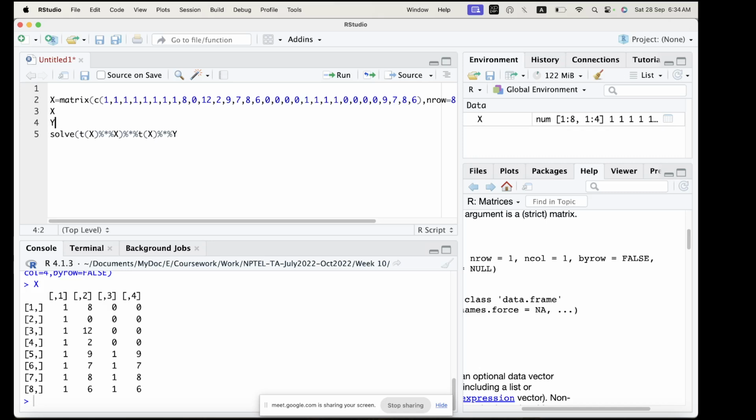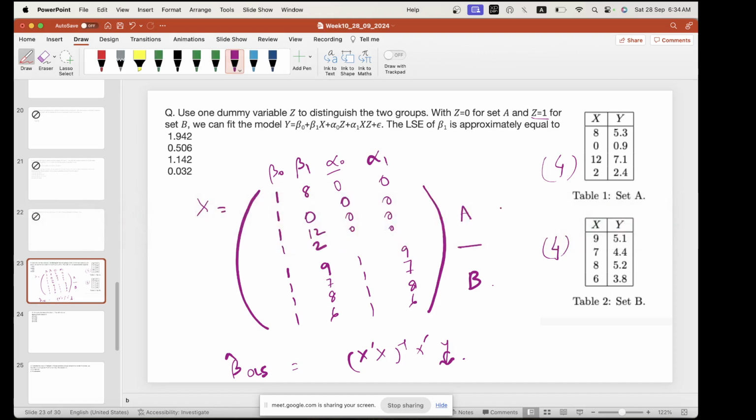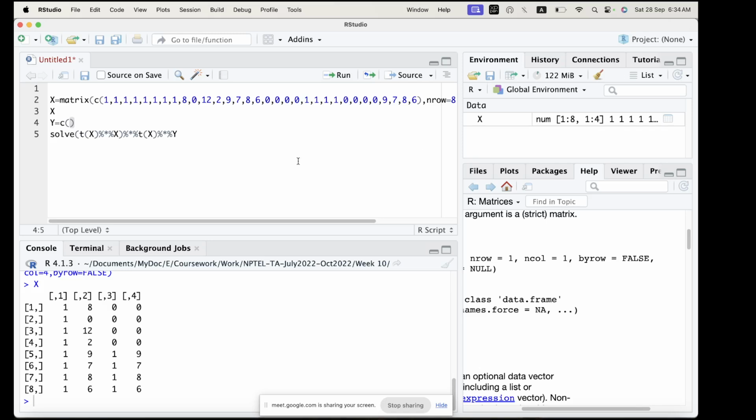Okay, and now what is y? Y is this vector. So I am going to input y, first set A and then set B. So accordingly I have to put 5.3, 0.9, 7.1, 2.4.